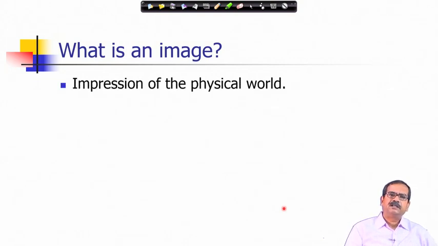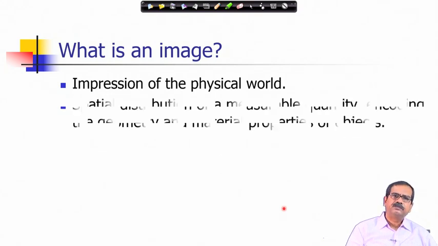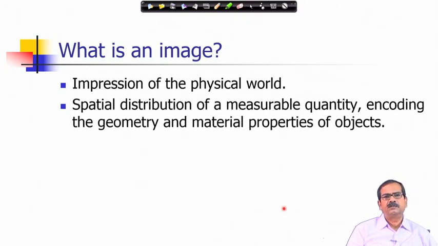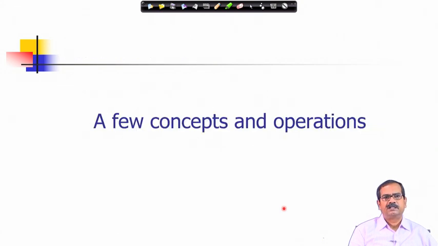In a very short sentence we can say it is an impression of the physical world, and to elaborate a little more, we can say that it is a spatial distribution of a measurable quantity encoding the geometry and material properties of objects.